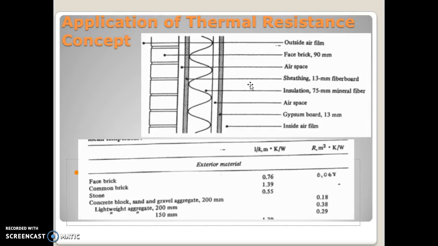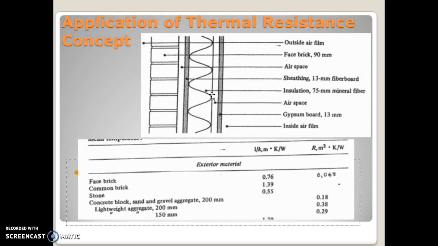Now in some cases you may have to refer to tables which give you the required values of resistance. So first, if I talk about the face brick, which is 90 mm thick, the inverse of thermal resistance, whose unit is meter Kelvin per watt, would be 0.76. So conductivity is 1 upon 0.76.